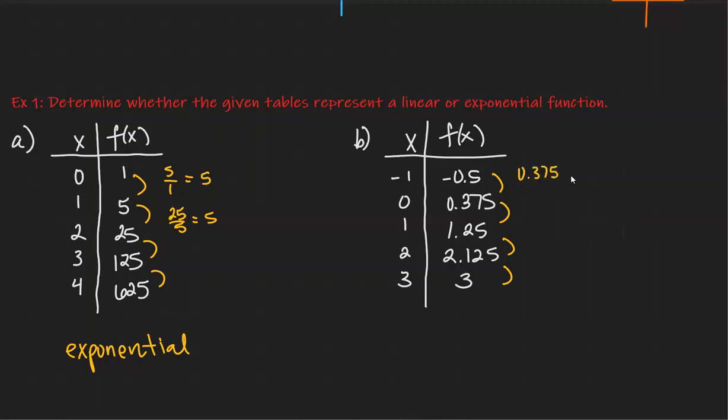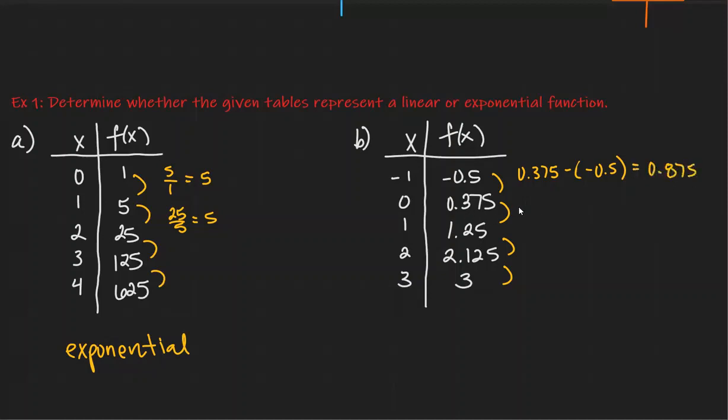So 3.375 minus, oops, I forgot the negative, negative 0.5. That becomes addition. When we do that, we get 0.875.